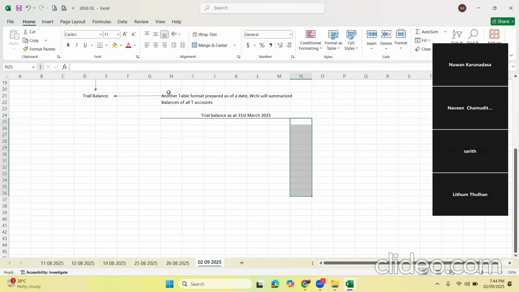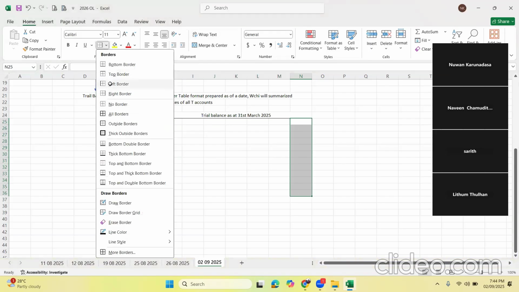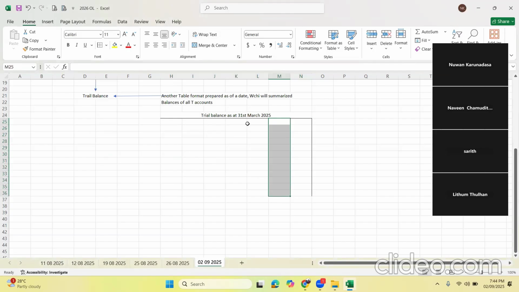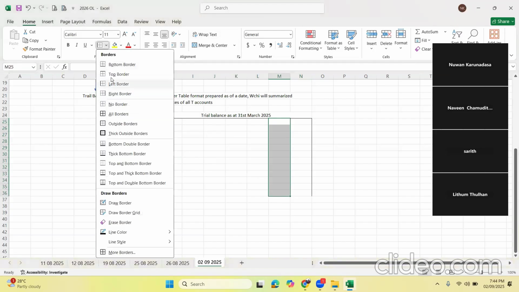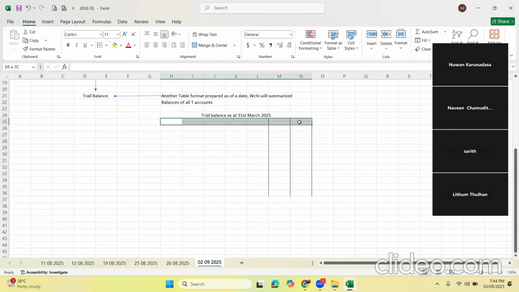Here you have three columns: the description column, then the debit column and the credit column.